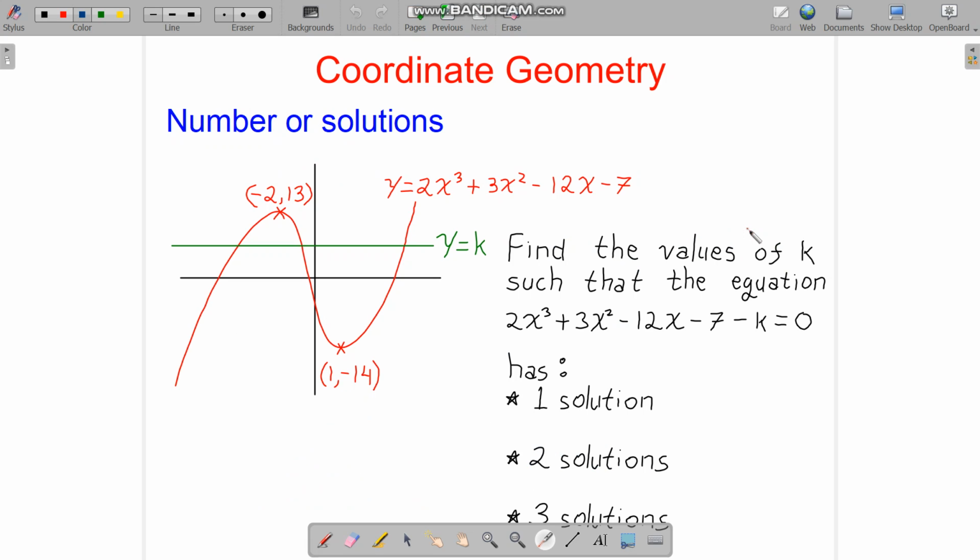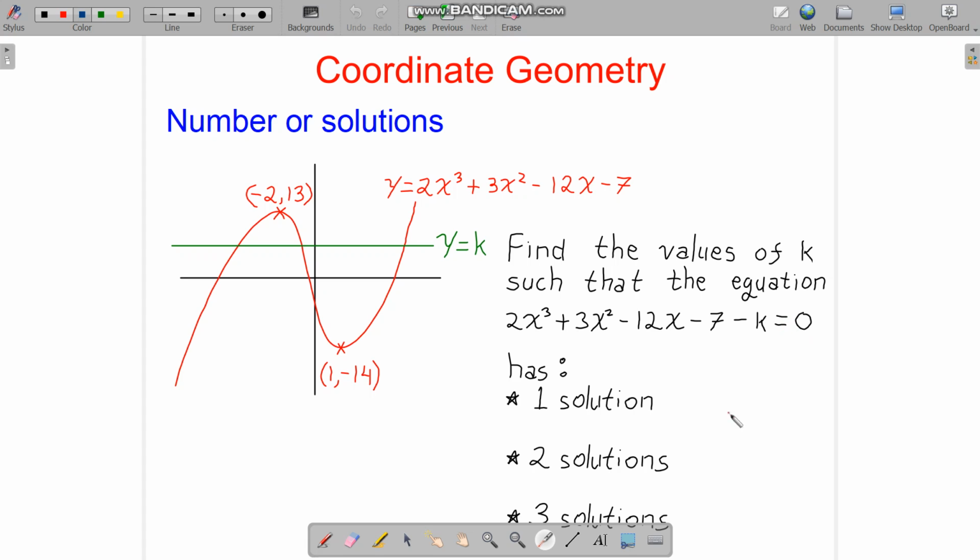And now about the number of solutions. Let's say we have this random curve here, the curve y equals 2x cubed plus 3x squared minus 12x minus 7, and let's say we have this maximum point minus 2, 13, and minimum point 1, minus 14. Find the values of k such that the equation 2x cubed plus 3x squared minus 12x plus 7 minus k equals 0.